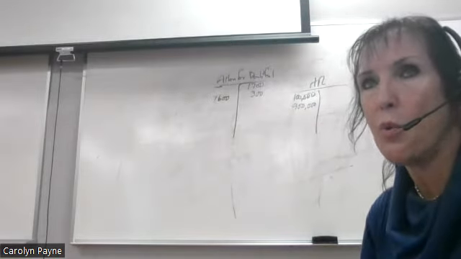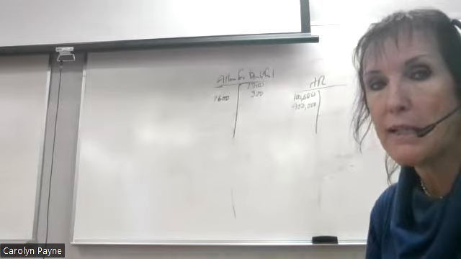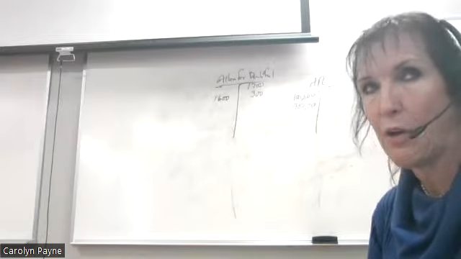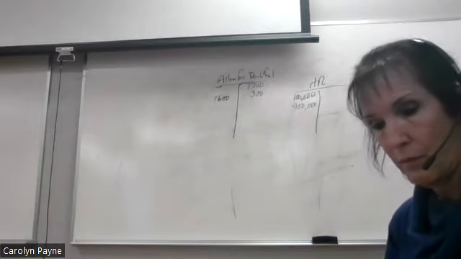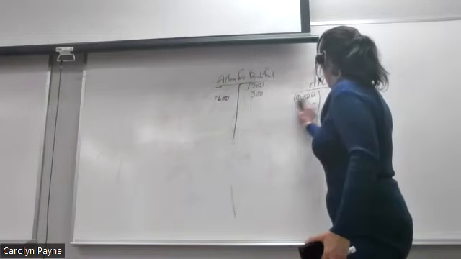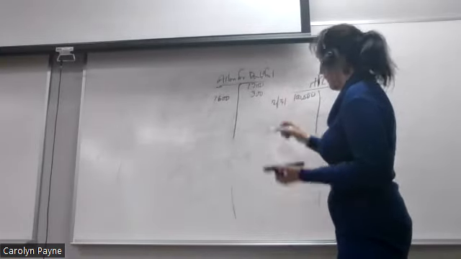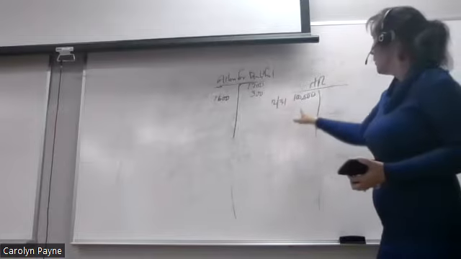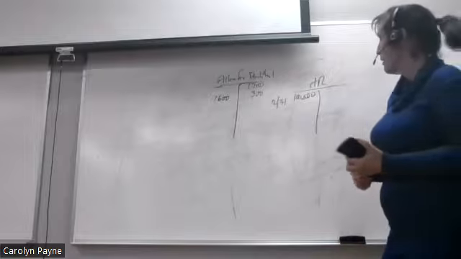Bad debt percentage is 1.5%, but it says up in the verbiage, Freeman estimates uncollectible accounts using a percentage of accounts receivable. Actually, this is my accounts receivable at 12/31. 1,500 would be my estimated uncollectible accounts, right?